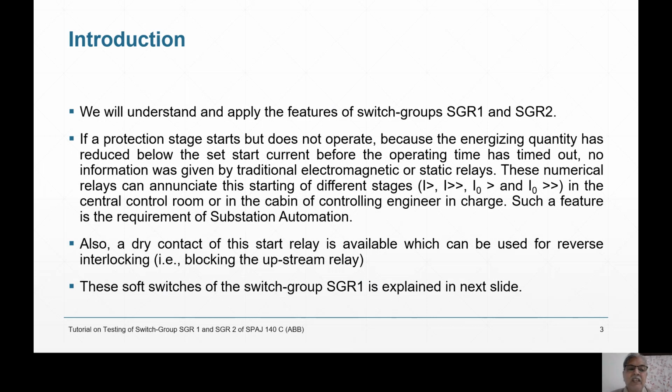Somebody is using the relay, and that particular relay has started. It has started sensing the fault I greater than, similarly I double greater than, similarly I zero greater than. So that start function indication at remote place is possible using SGR1.